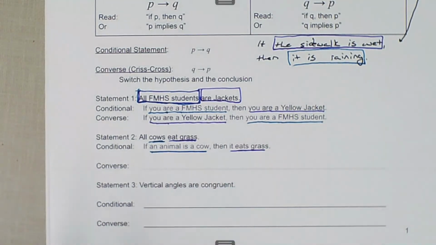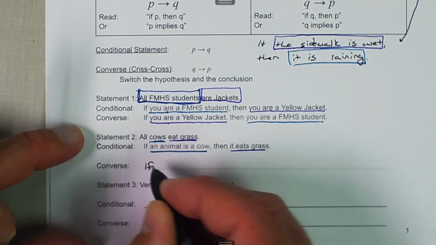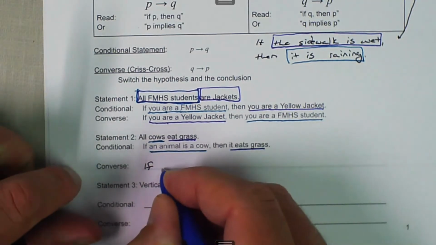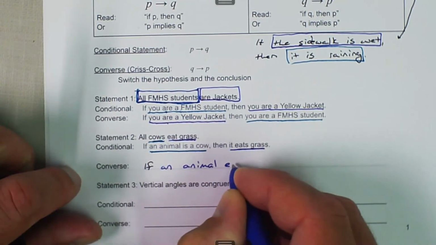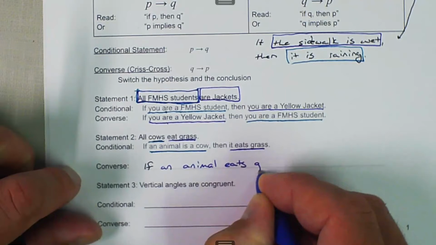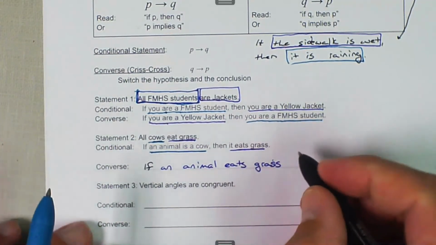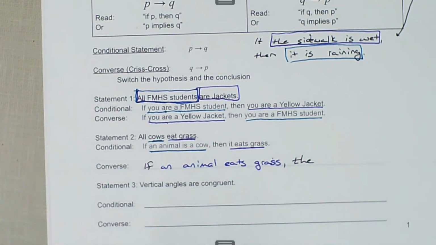All right, now if we're going to switch that, the if is going to stay up front. So if, and then we're going to switch the two. If an animal eats grass, then put our comma, then the animal is a cow.